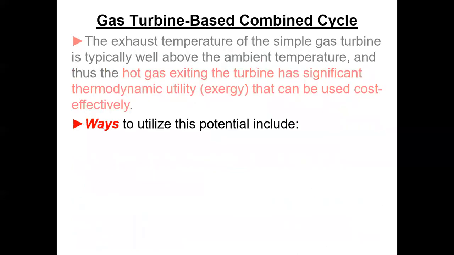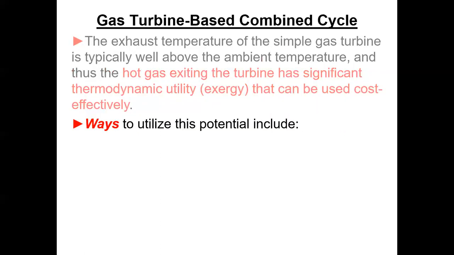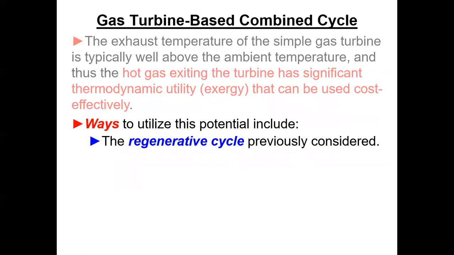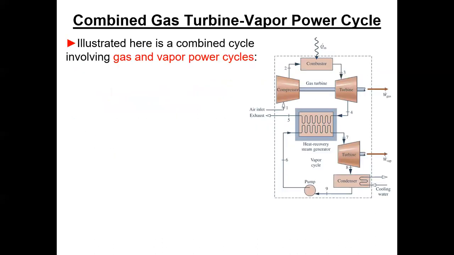Okay, so combined cycle. Well, he's just saying that the old comment about if we don't do anything on the Brayton cycle, we got all this hot gas coming out, which we'd be throwing away. So there's two ways: the regenerative stuff we just went through, and the other is the combined cycle. So we'll see what this is.